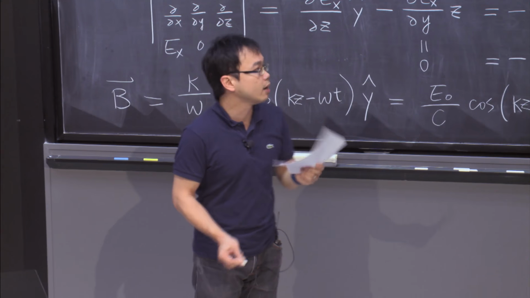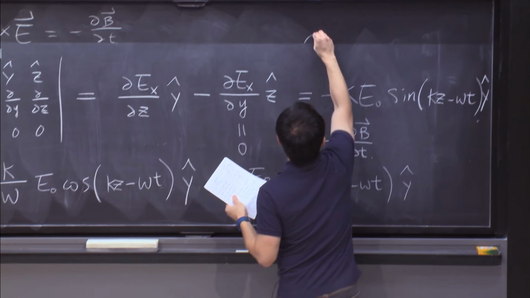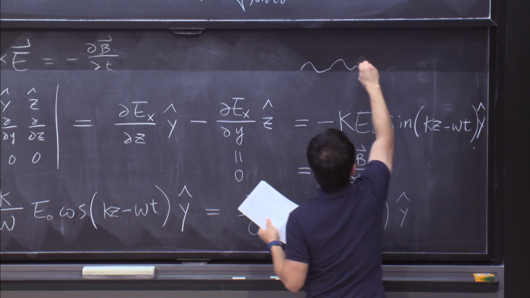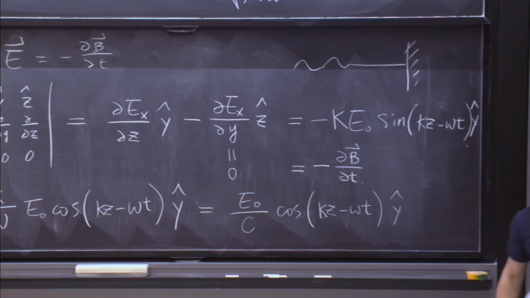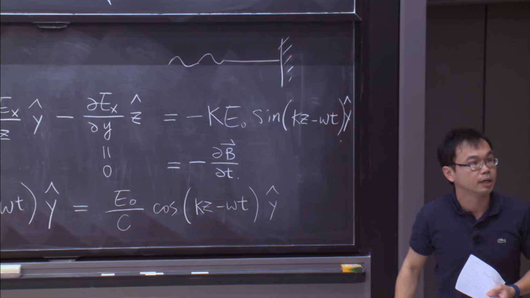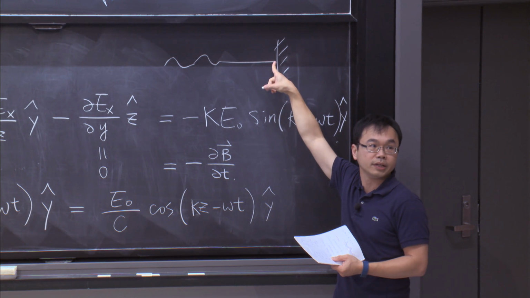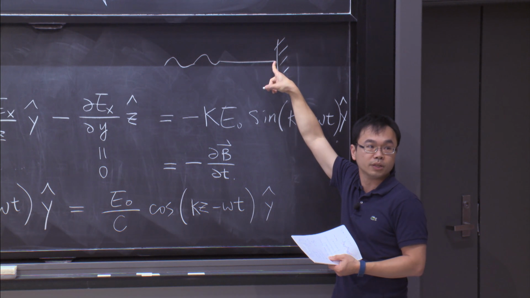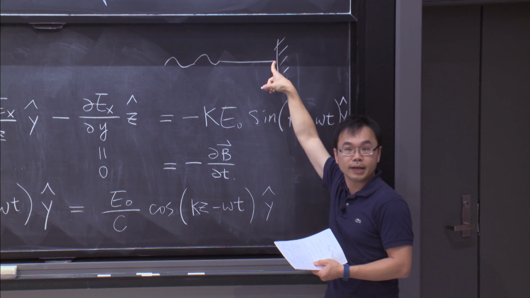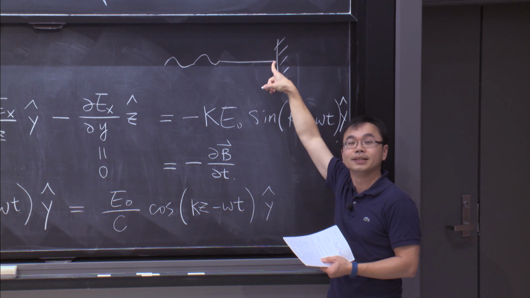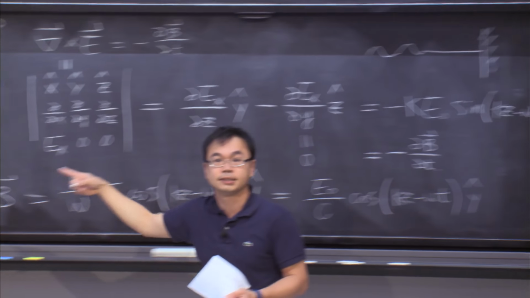This is very similar to the situation when you have a progressing wave on a string hitting a wall, because the displacement of the string with respect to the equilibrium position is equal to 0. That's what we learned in the last few lectures, and this is exactly the same situation.